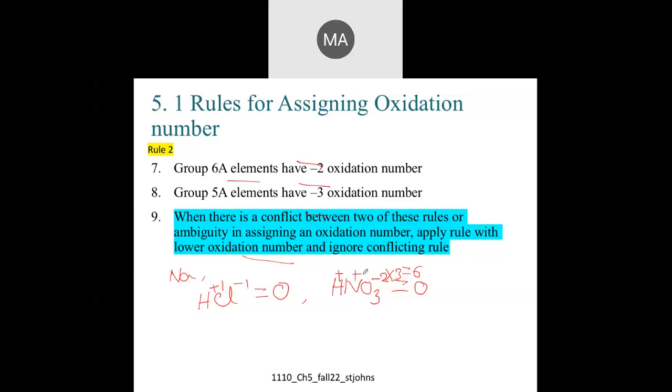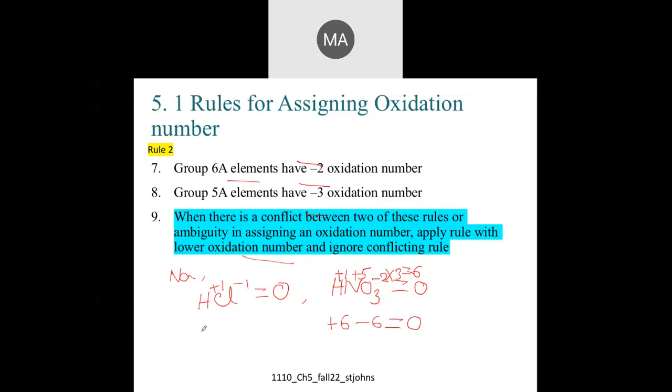So obviously this is +5 nitrogen. So +1 hydrogen and +5 nitrogen make +6, and the 3 oxygen atoms make -6. So +6 and -6 equal 0.